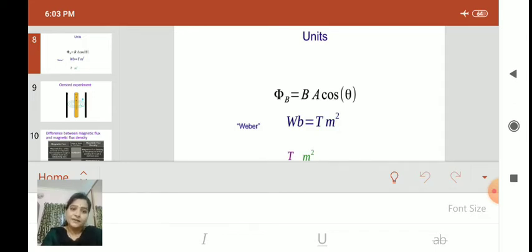So magnetic flux density is nothing but the magnetic flux through a defined area. So it is magnetic flux density.